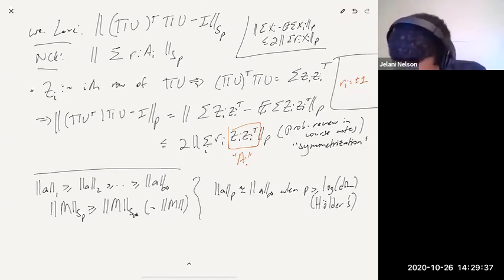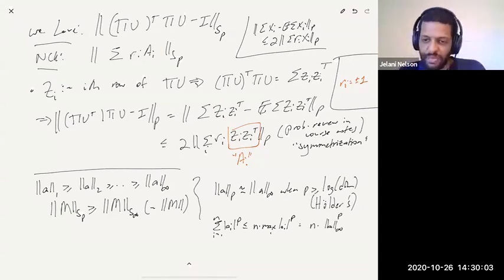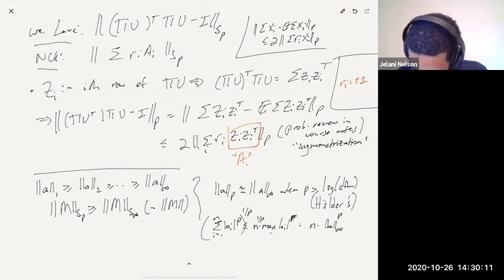I mean, if you want to see why, maybe I can just say this. In general, the sum of ai to the p, i equals 1 to n, is certainly at most n times the max over i of ai to the p, which is just equal to n times the infinity norm of a to the p. And then now if you take the p norm, it means you're raising this to the 1 over p, right? Which means you're getting n to the 1 over p times the infinity norm.